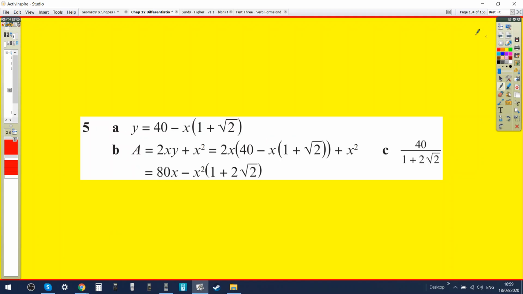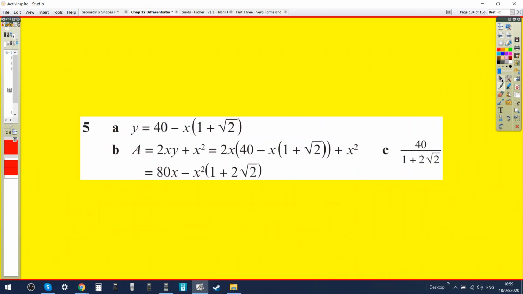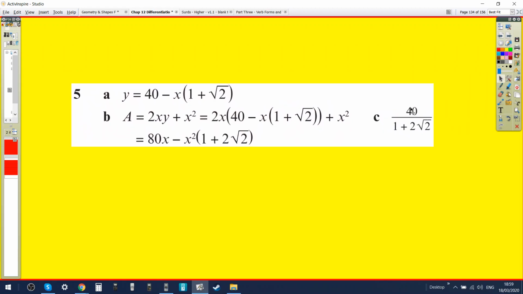And if we go here, 40 over 1 plus 2 root 2, that might be your calculator automatically rationalizing the denominator. Their denominator is irrational, and so that's fine.